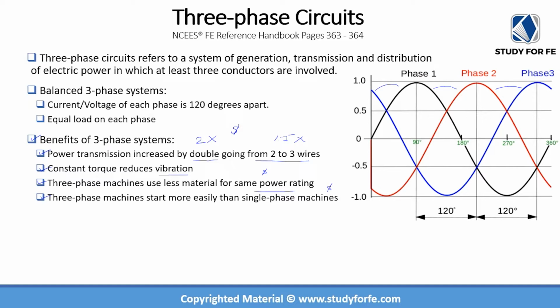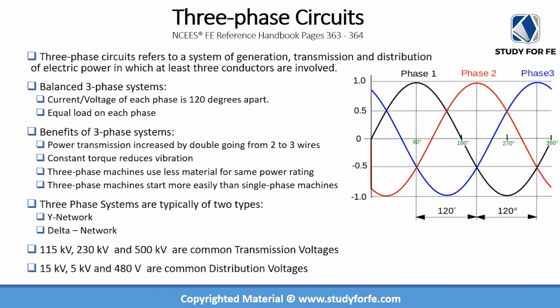And the cost of three-phase system is less than single-phase system. We end up using fewer conductors, and there are lower losses in a three-phase system. So that's why virtually everywhere, as I mentioned, generation, transmission, and distribution of electric power is done in three-phase circuits as opposed to single-phase circuits.